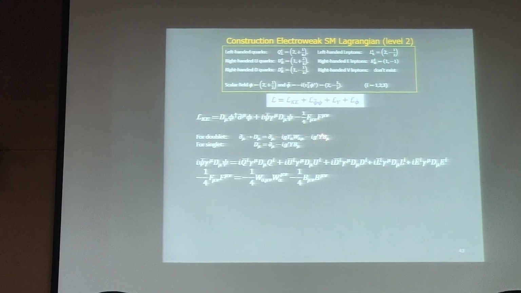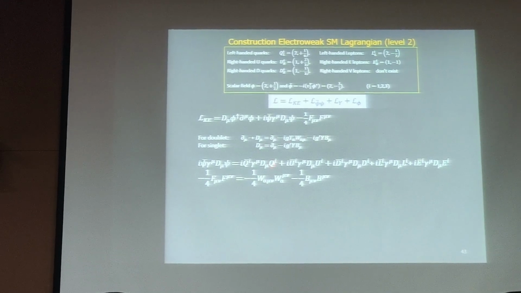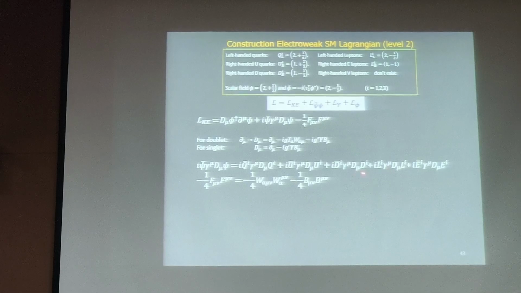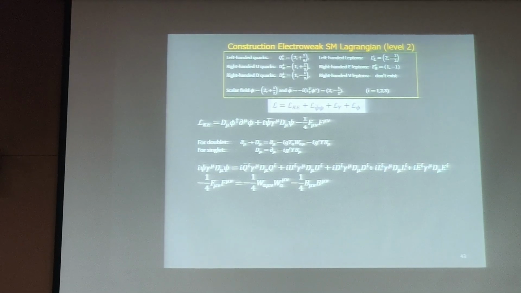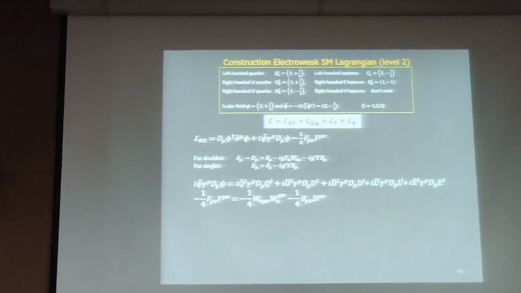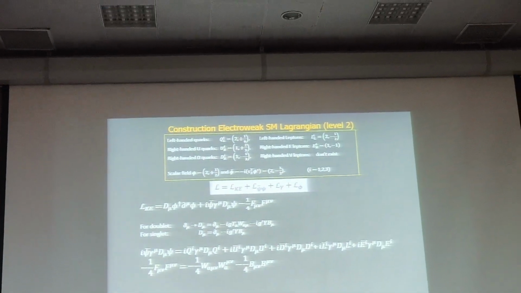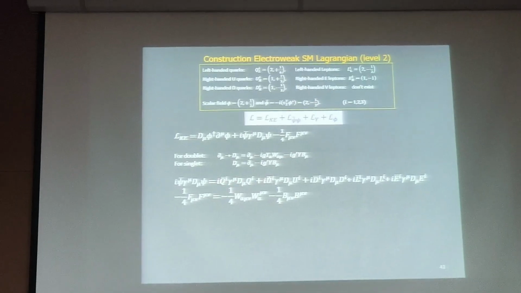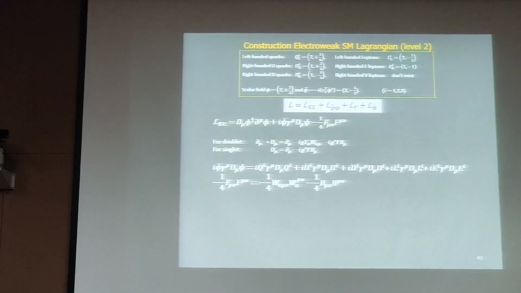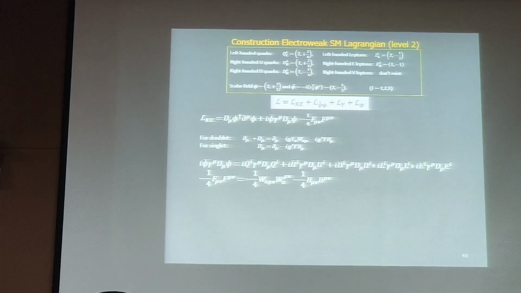What will be the value of the Y charge? That will be different for the Q field and different for the L field. In these three terms, the fields are singlets, so the gauge covariant derivative will be equal to this one. Although I'm using the same symbol D in all these terms, this D is not exactly the same in all these three terms.